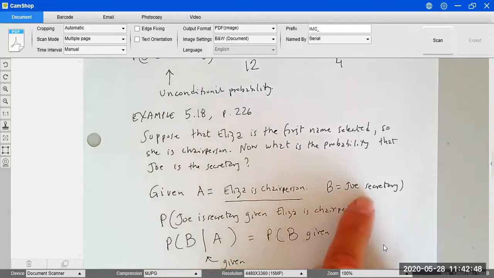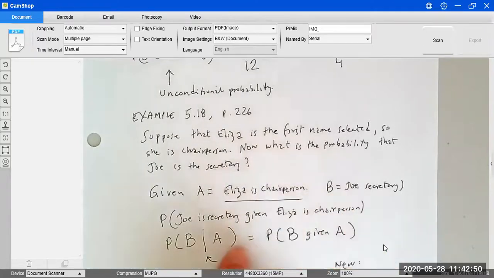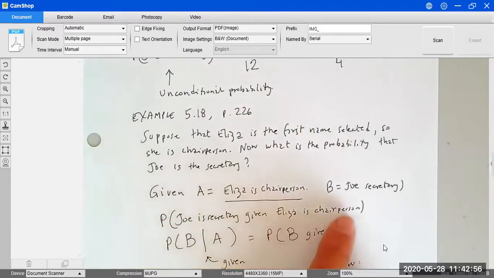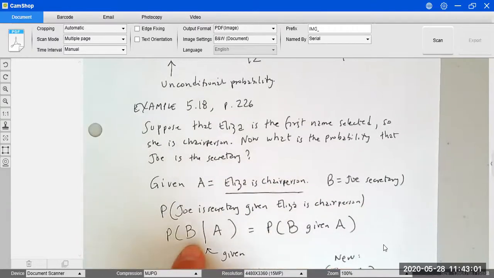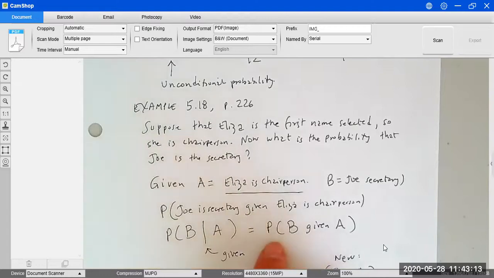Event B is Joe is the secretary. So what is the probability that Joe is the secretary given that Elisa is the chairperson? You're going to write P of capital B, vertical bar, capital A, and this is read as the probability of B given A.